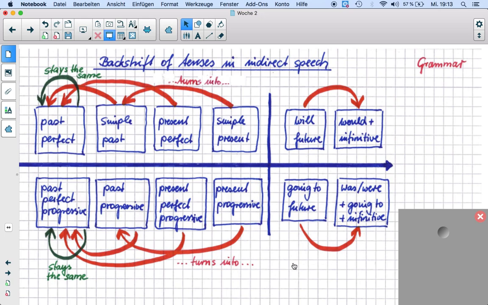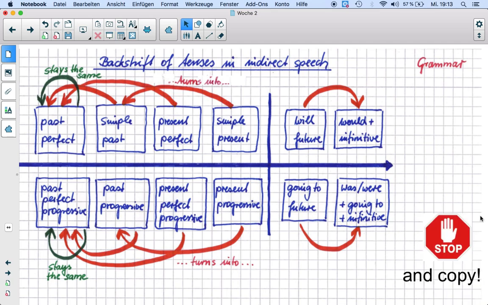The only thing you have to remember is that there are two tenses which are not changed. This is past perfect. A direct speech sentence in past perfect stays in past perfect. And also a sentence in past perfect progressive stays in past perfect progressive.